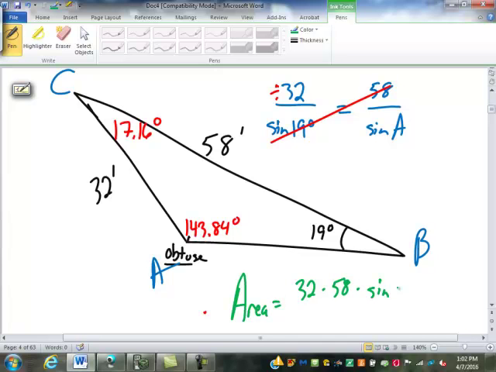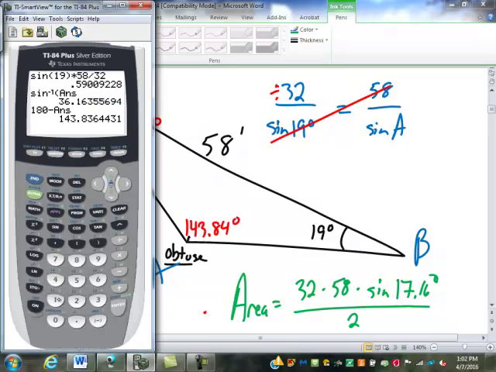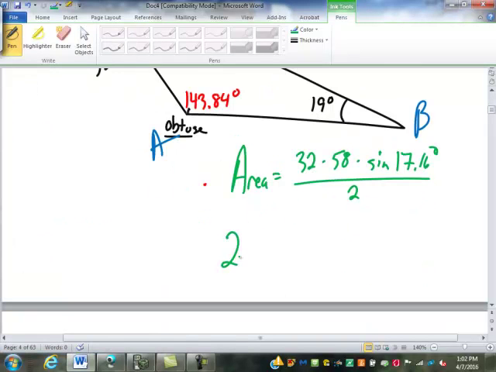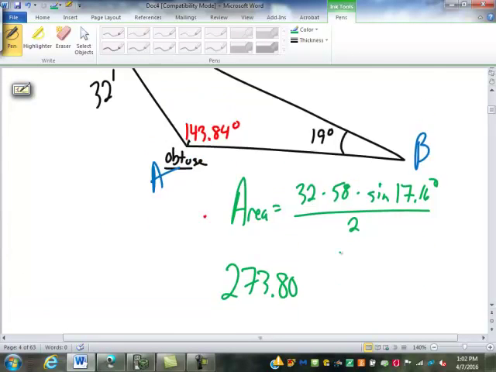What angle do I want? 17.16 degrees over 2. Is 273.80. And that is in feet, so it's in square feet.